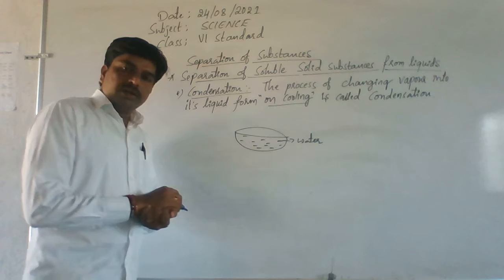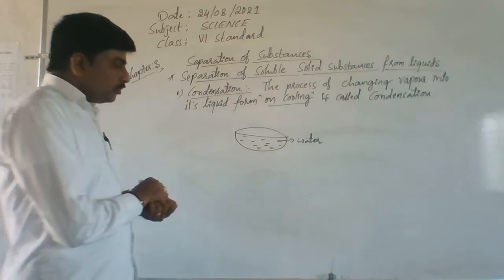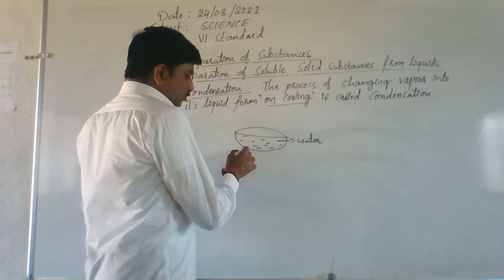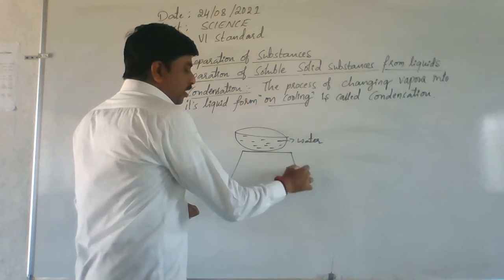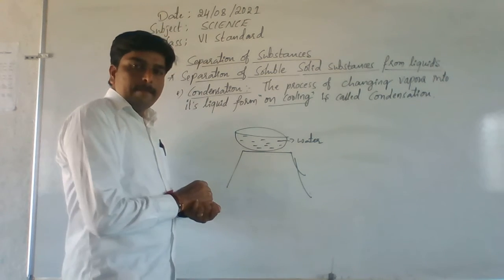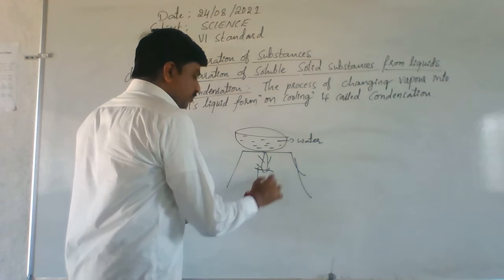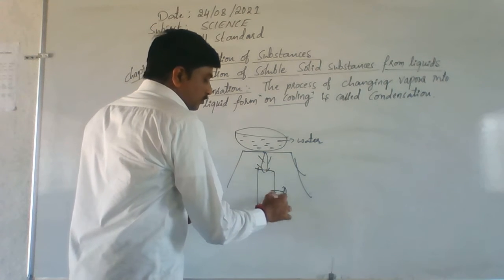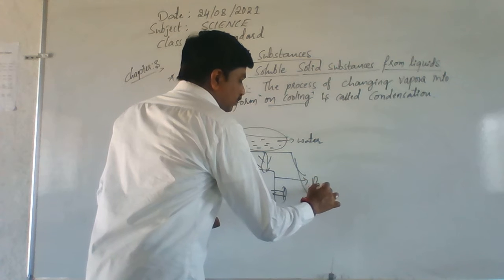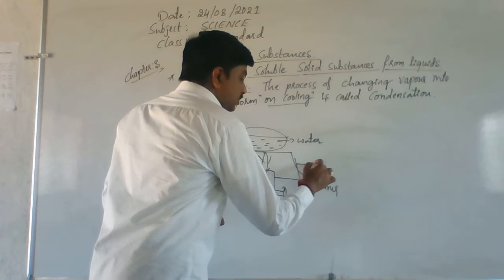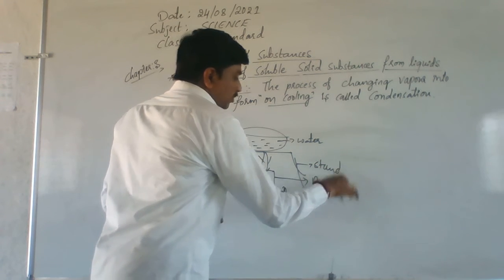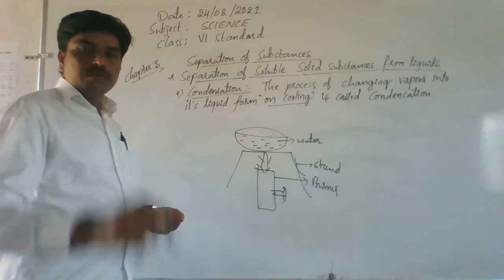After taking water in a metal vessel, put it on a gas stove. In our chemistry laboratory, we are using a spirit lamp, or you can say Bunsen burner. This is a burner, this is a stand. You can use your gas stove in your home.